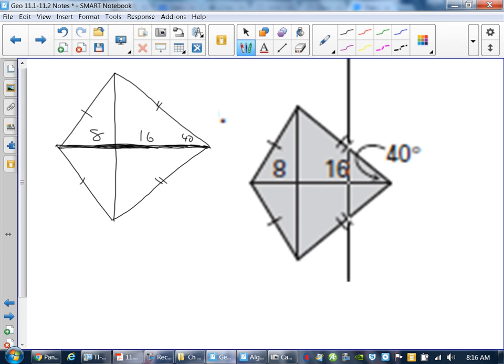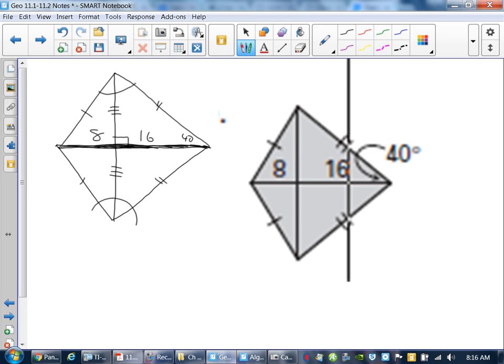Right angles. Okay. Now remember, in a kite, you get right angles here, and the part that's between the two angles here, that diagonal is bisected. So what we need to do is figure out one of the missing parts.